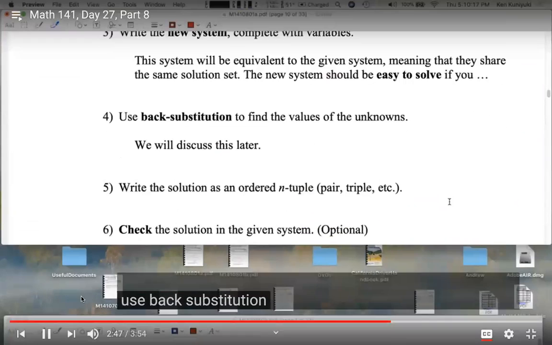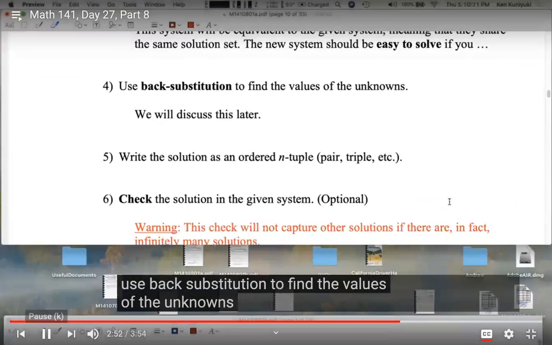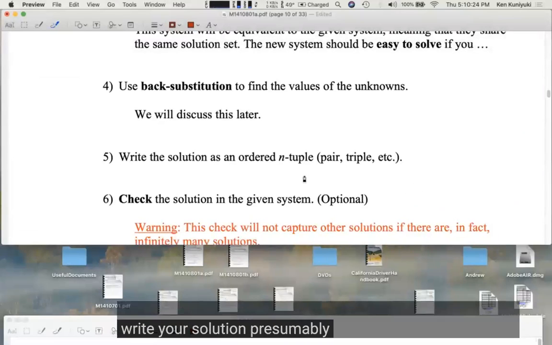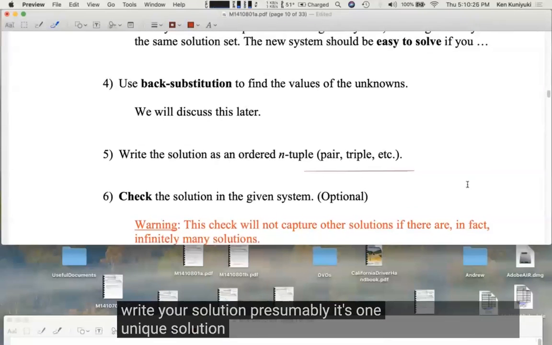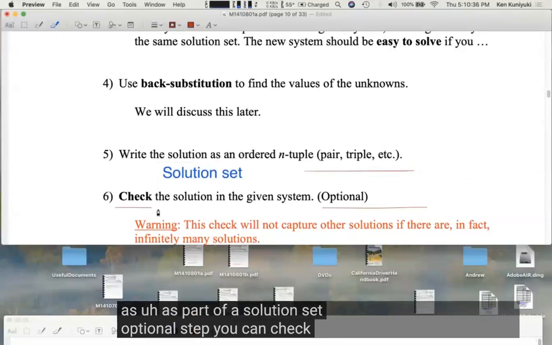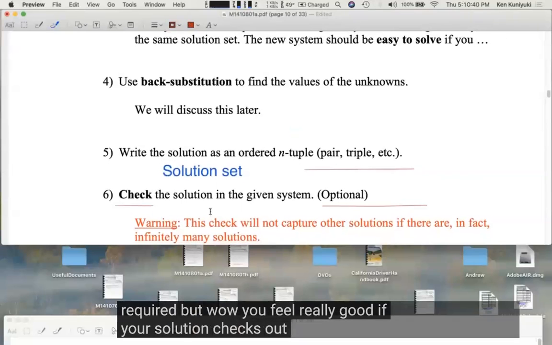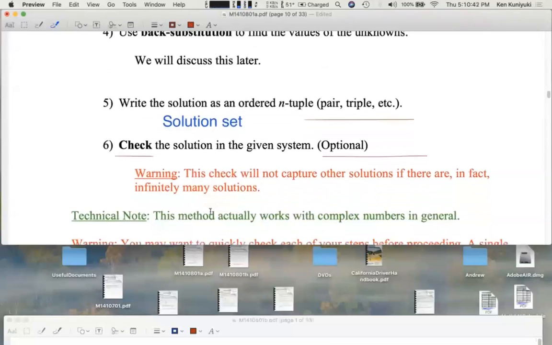Use back substitution to find the values of the unknowns. Write your solution. Presumably it's one unique solution as part of a solution set. Optional step, you can check. It's not required, but wow, you feel really good if your solution checks out.